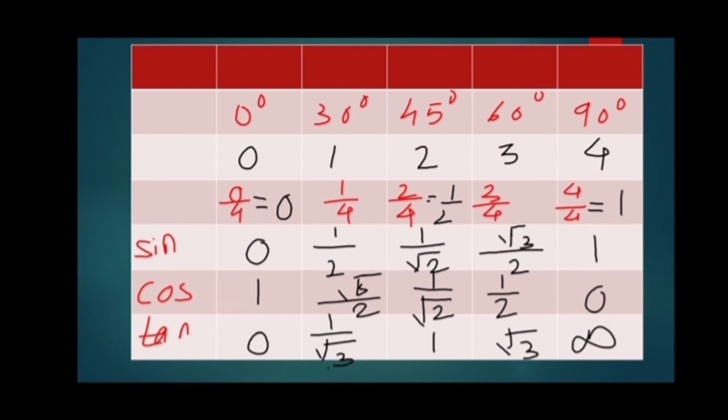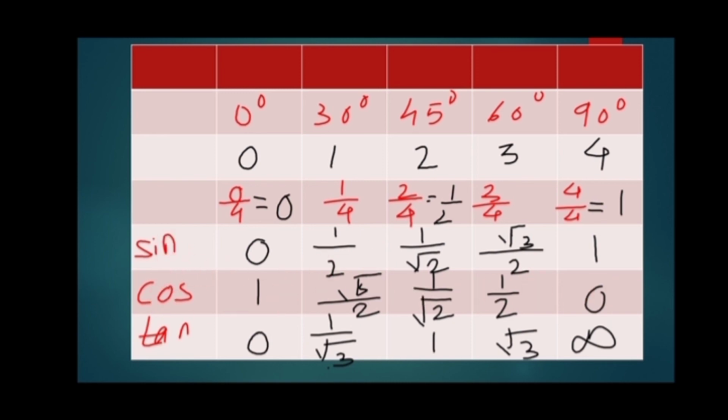Very simple trick: we have taken 0, 1, 2, 3, 4, then divided by 4, then taken the square root of whatever quantity we got, and those values are the values for sine. For cos, we have written these values in reverse order, and for tan we have divided sine over cos values. So in this way your table of all trigonometric ratios gets completed.